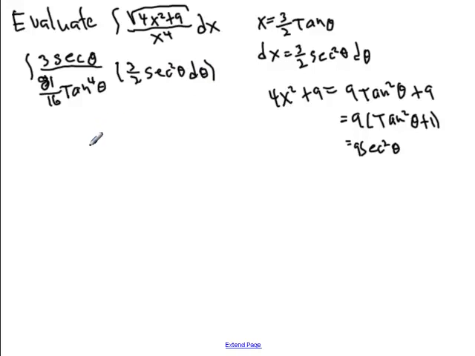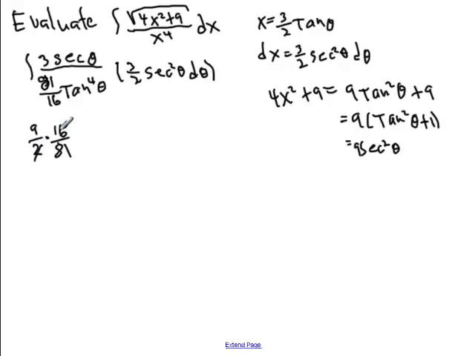Alright, so it looks like we have a bunch of cleaning up to do here. First let's address the constants. We have 3 times 3/2, which is 9 over 2. And then we have 81 over 16 in the denominator, so we'll flip that over and multiply by 16 over 81, and that should clean up nicely.